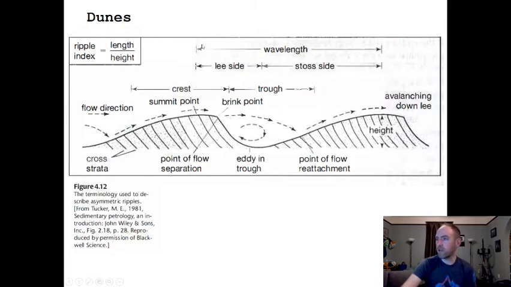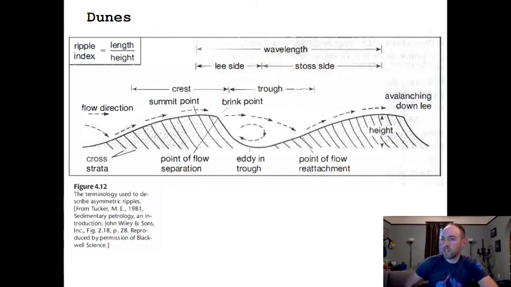And the wavelength or the length of a dune is from crest to crest or from trough to trough, depending on how you define it, depending on how you're measuring it. Okay, and so these are some common terms you'll hear kicked around, especially in the stratigraphic and sedimentologic universe. And we'll talk about these as well when we do our lab this week.